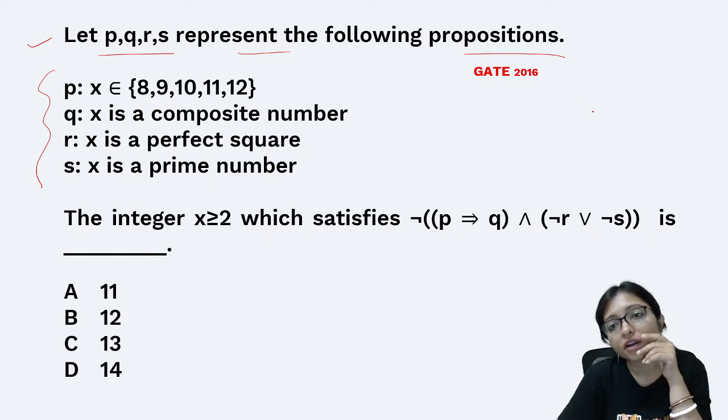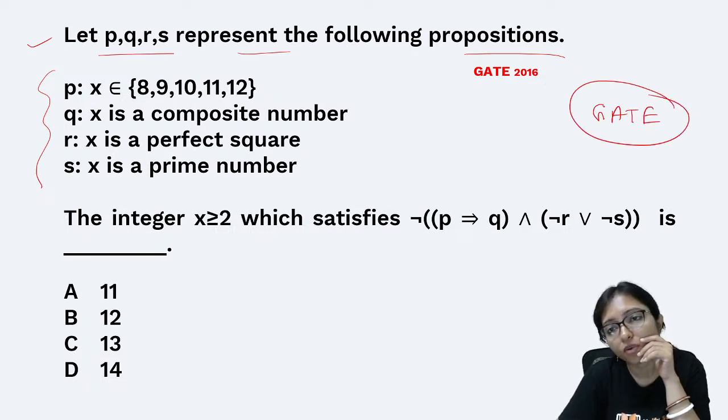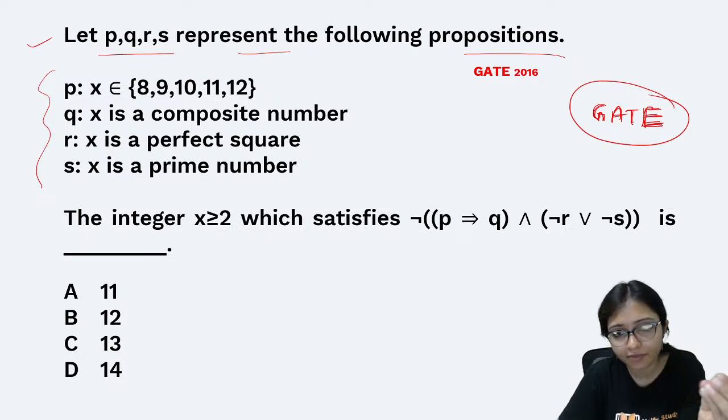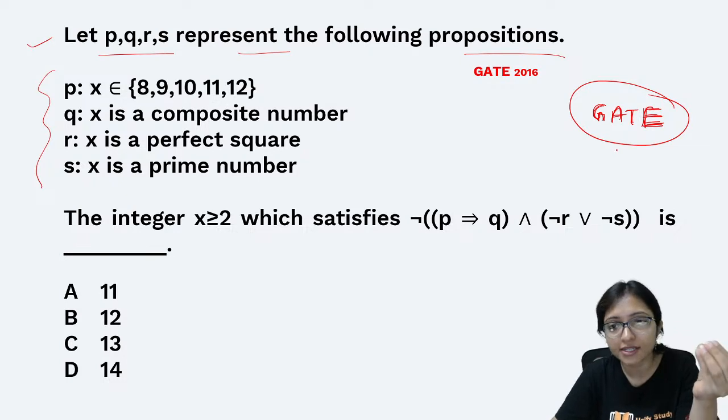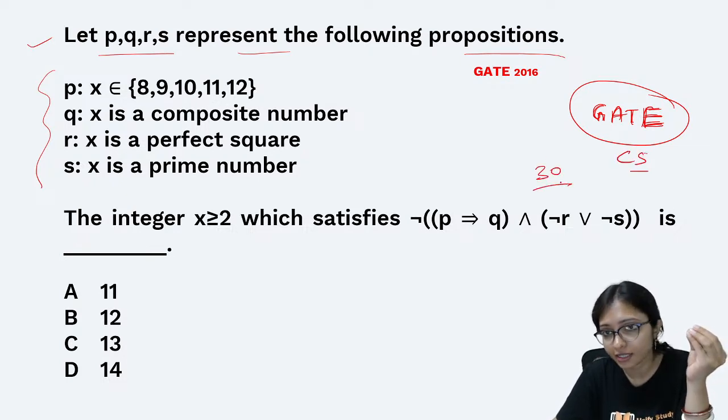Achha, those who did not fill the GATE form must fill the GATE form also, because with the same preparation you are doing, you can crack GATE also. In each and every subject you are learning here, the same subjects are there in GATE computer science. 30 is the last date, right?